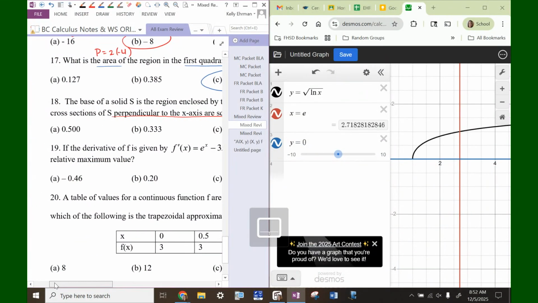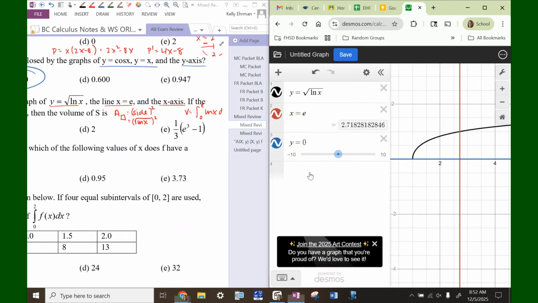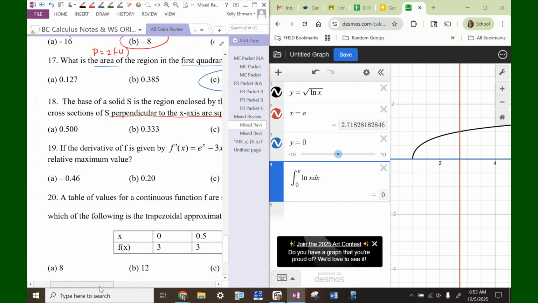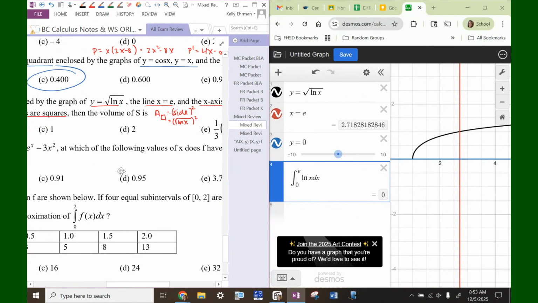Oh, and the answer, oh no, there are decimal versions of the answer. Okay, so integral from 0 to e of ln x dx is 0. What did I do? Let's see. Side squared.